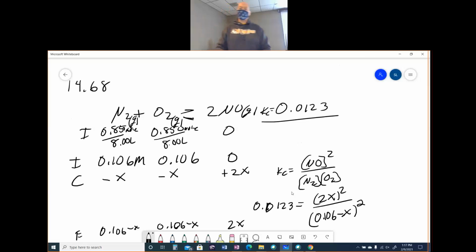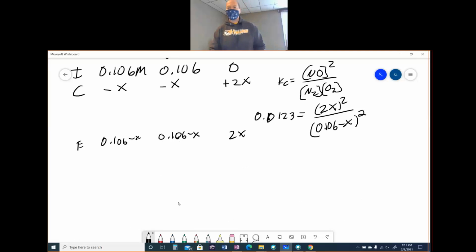And what I'm going to do is now see that I have a perfect square. All right, so you can do your quadratic equation from this. You can FOIL that out, do all that. You can say x is going to be small, and I can neglect x, and I can do a number of successive approximations. Both of those will give you the exact same answer.